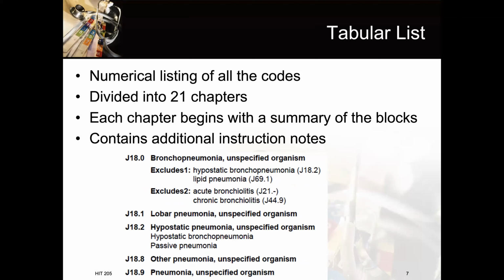So we referenced the alphabetic index, and now we're really ready to start looking up codes. This is when you go from the alphabetic index over to the tabular list. Again, you never code directly from the alphabetic index. Let me bring up just a little pointer here.